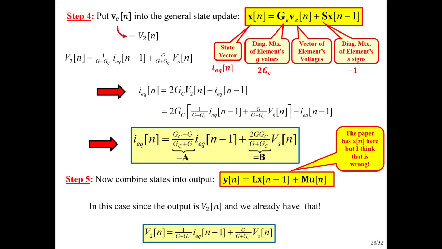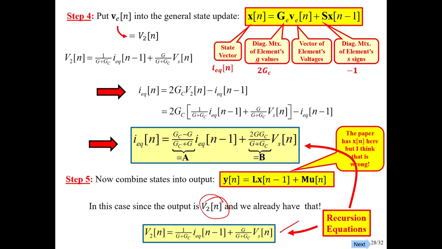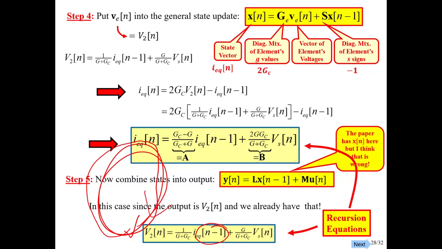And so in our case, we've got V2 of n. We already had that, and there's the equation that we had for it. So here's our two recursive equations, right? And again, because I have n minus 1 in here, I need to start here and then go there and then recursively solve those.